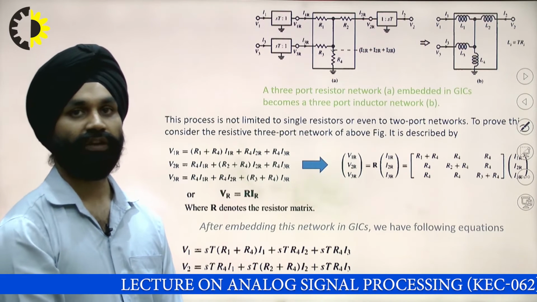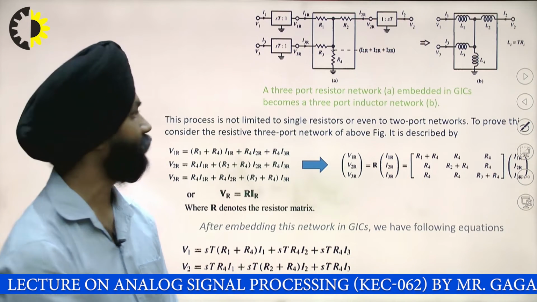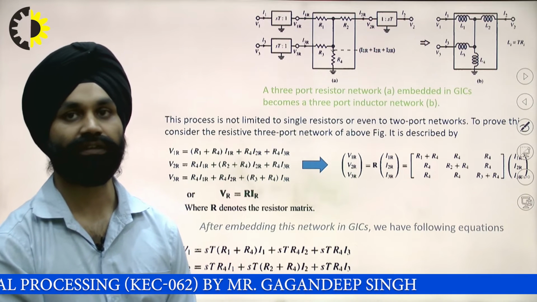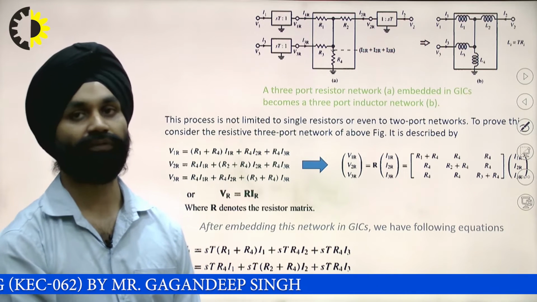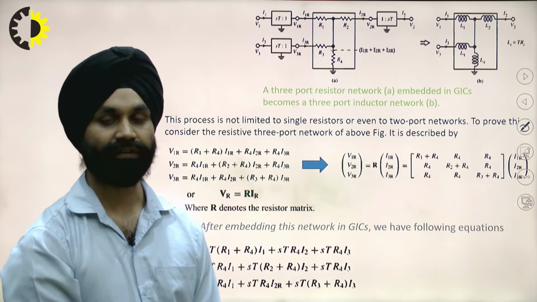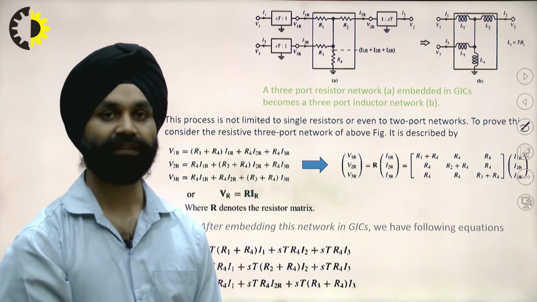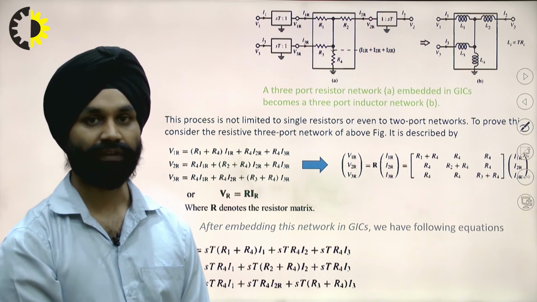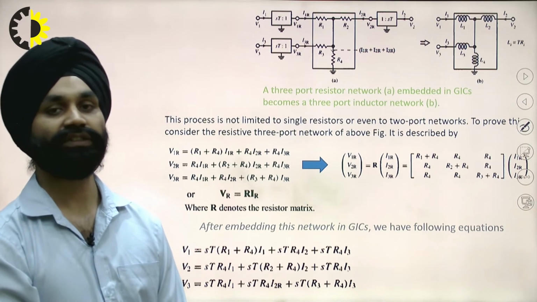So now if we have, let's suppose, a circuit with 4 different L's, different inductors, then we can replace this circuit with the equivalent resistor network, and we can have a GIC for that one.